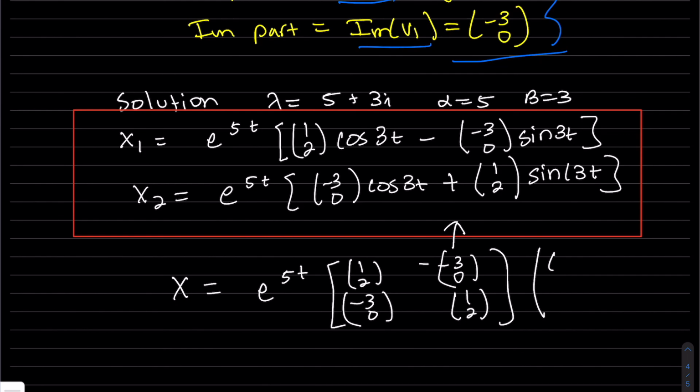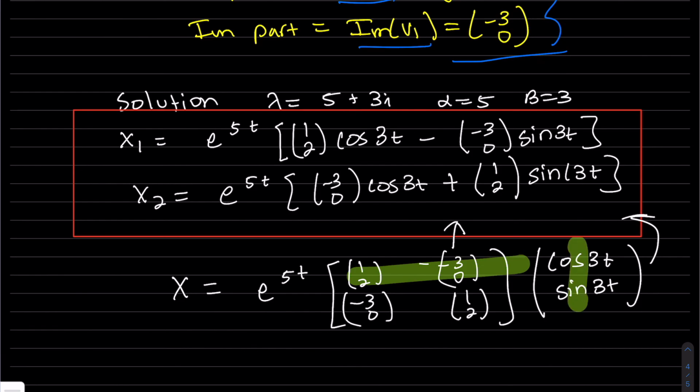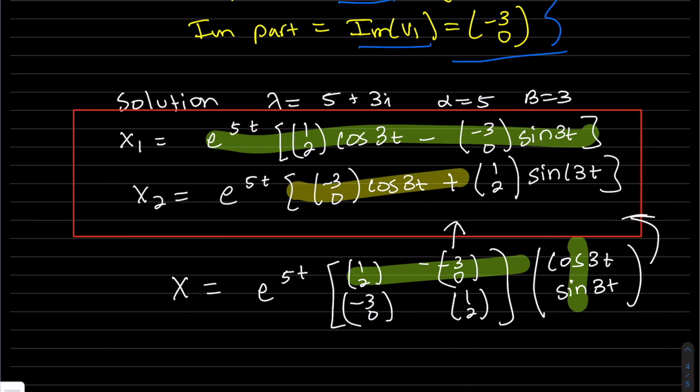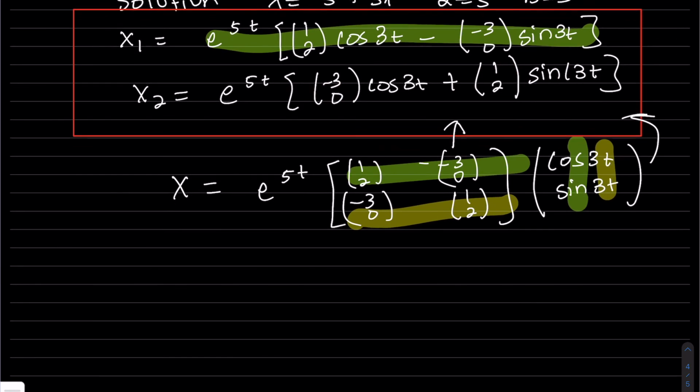With our vector here being cosine of 3t, sine of 3t. So that's the same thing. If you can just see, you multiply this times this, you get that. And then this times this, you get that. It's the same thing. Okay, that's the end.